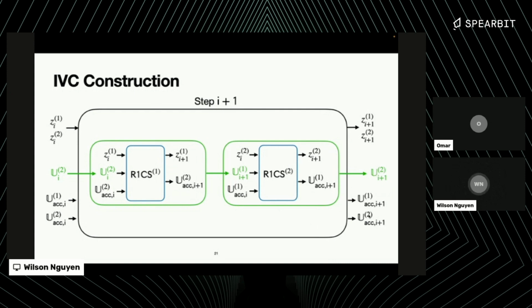And we have now two accumulators, which accumulate the successful execution of all the prior I steps, including this most recent step. And so you see here, we have function inputs, function outputs, old accumulators, new accumulators, new input strict instance, output strict instance. And so the inputs and outputs of every IVC step are identical.